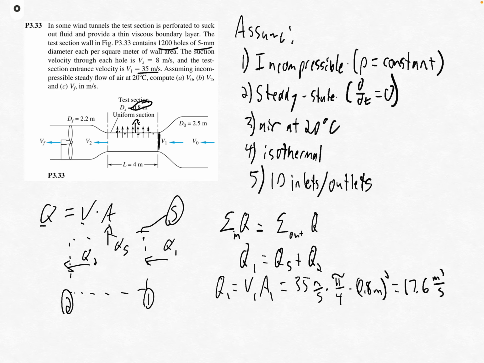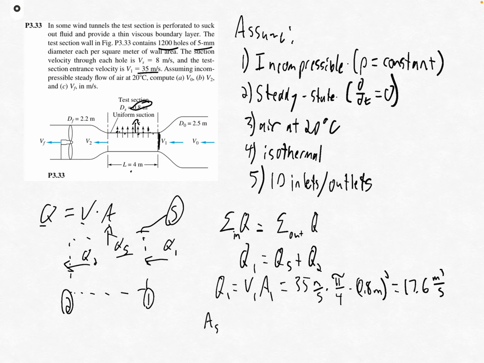The other major flow rate that we need to know in this problem is QS. In this case, we are given that we have 1,200 holes of 5 millimeter diameter per square meter of wall area. We can figure out the test section wall area, so the side area of that test section.